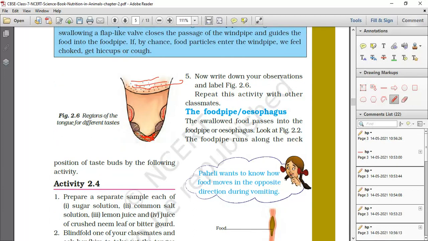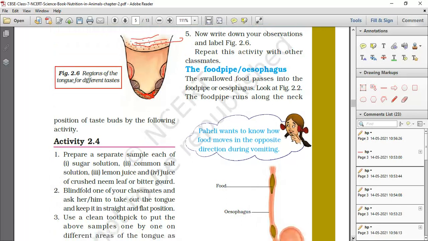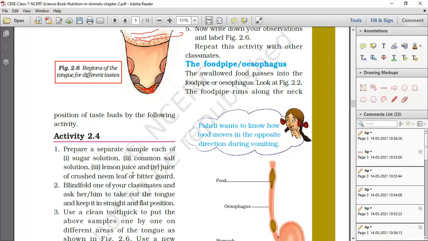So you have learned about the regions of the tongue for the four different tastes. The position of the taste buds can be seen by the following activity. There are many of them. This is an activity you have to read.